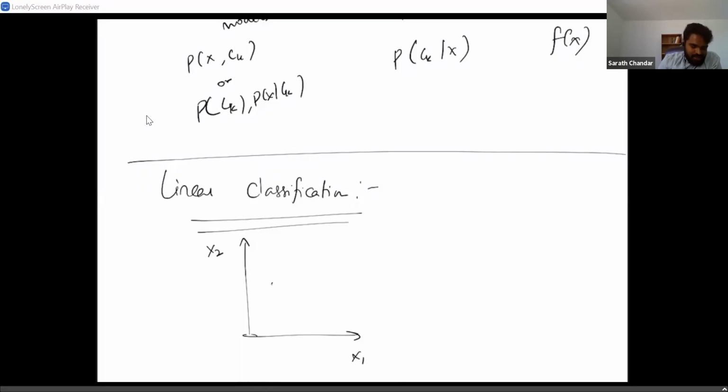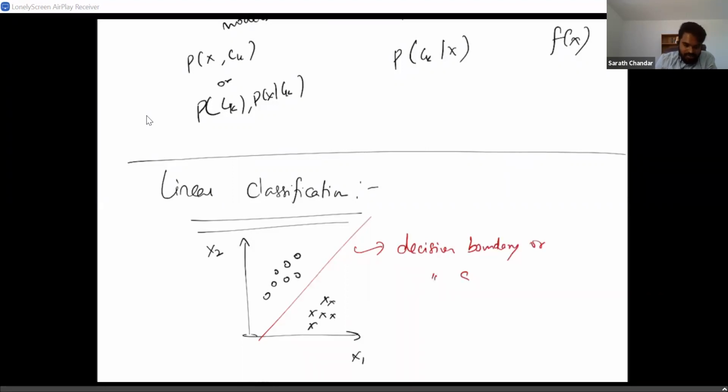Let's say this is one class and this is another class. Now if I have to classify between these two, then I need to draw a decision boundary separating these two classes, right? In this case, I can draw a line which perfectly separates these two classes. Now this line is what we will call the decision boundary or decision surface.